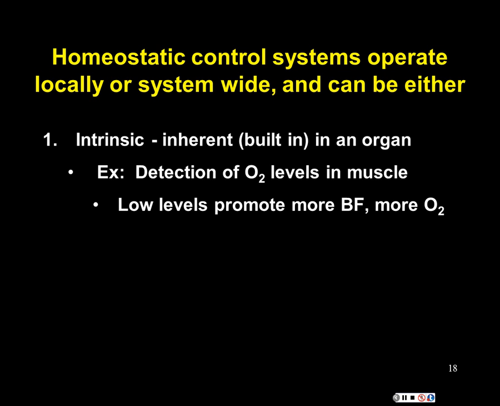They don't need what? They don't need help. You know of an organ, a famous organ that even people who aren't scientists know is intrinsically controlled. We just didn't use the word. What's probably the most famously known organ in your body that can intrinsically regulate itself? The heart.